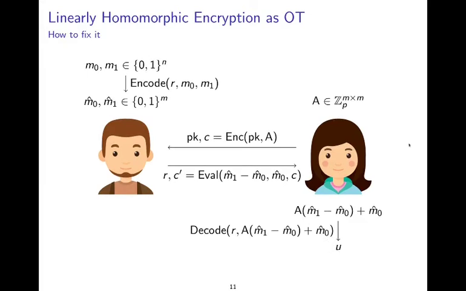If, however, the receiver encrypts a matrix which is not a scaled unit matrix, the receiver will only learn A times m1 hat minus m0 hat plus m0 hat. As we know from the definition of algebraic restriction codes, this will result in a uniformly random value.